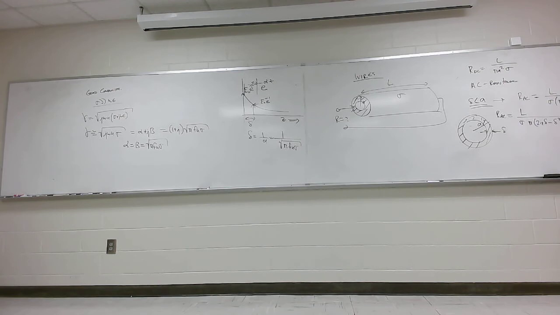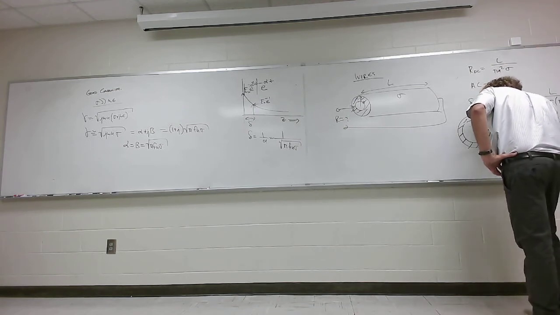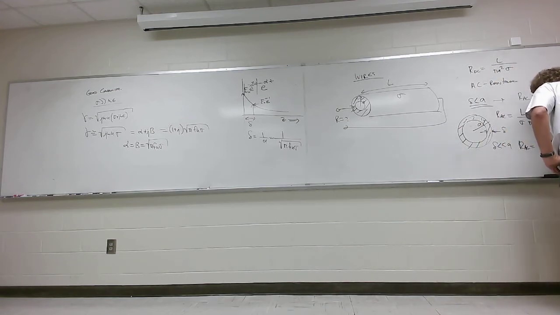This is just simply blowing this thing up, pulling out the pi, and you're left with the A squareds canceling. You get a 2A skin depth from the inner product twice, and then you get minus delta squared. But I'm going to tell you, when the skin depth is much less than A, and this is the way it is in 99% of the problems we worry about, then the AC resistance is simply equal to L over sigma times 2 pi A skin depth.